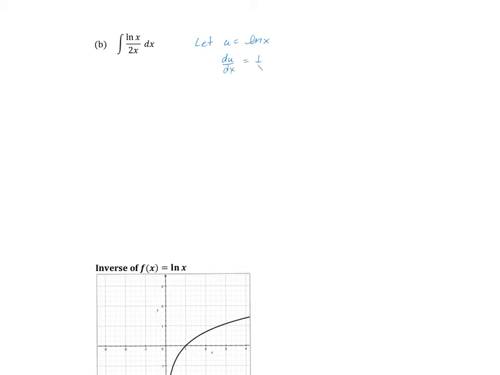So hopefully something will cancel inside that integral. Okay, so this is natural log of x dx. No, that won't work. Sorry, my mistake.